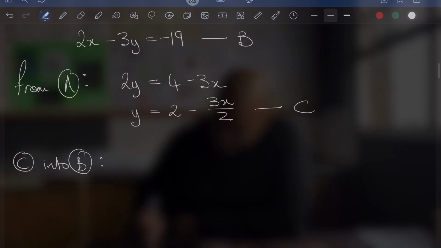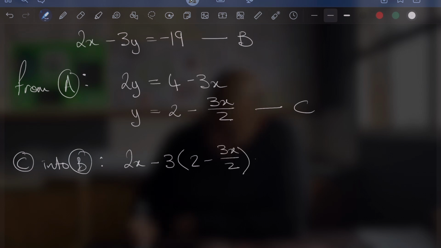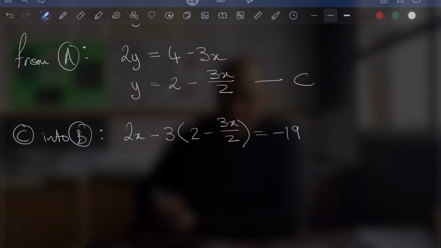So if I take equation B, I've got 2x minus 3, and y is now written as 2 minus 3x over 2, is equal to negative 19. Now I'm going to simplify this equation and solve for x, because y has been eliminated through that substitution.